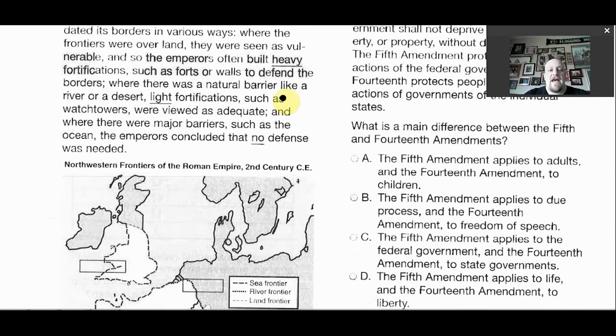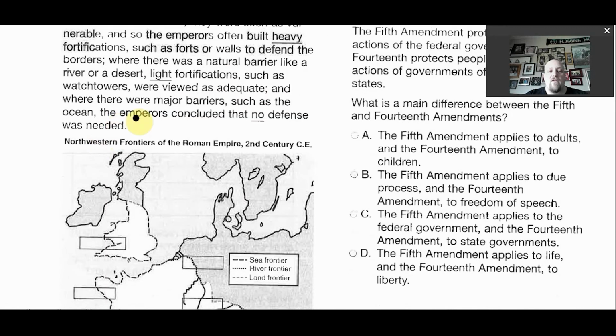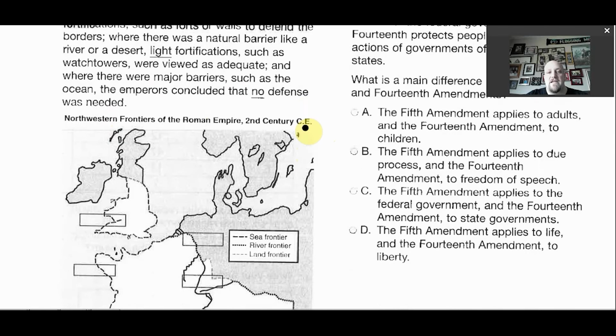Where there was a natural barrier, like a river or desert, so something that's harder to cross, they're going to build a light fortification, such as a watchtower, were viewed as adequate. And where there were major barriers, such as the ocean, like you're going to see somebody coming across the ocean pretty far out, so you don't really need to have a huge fort. As the ocean, the emperors concluded that no defense was needed.